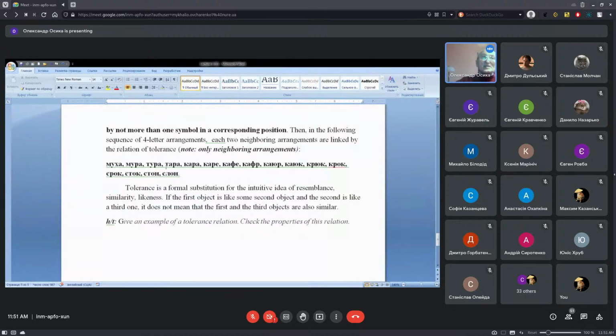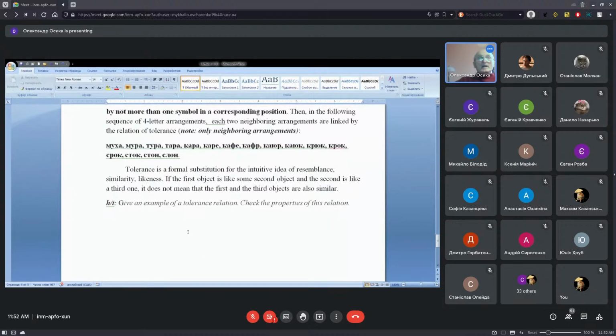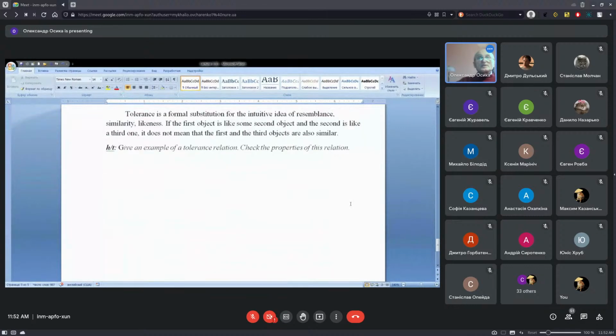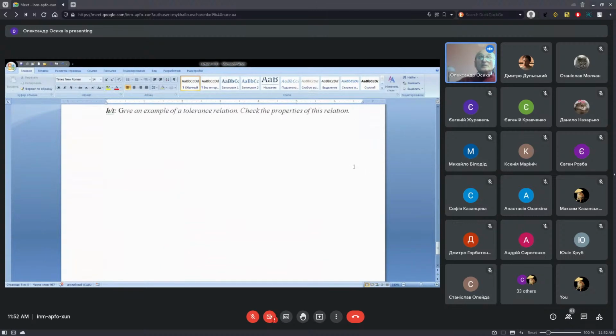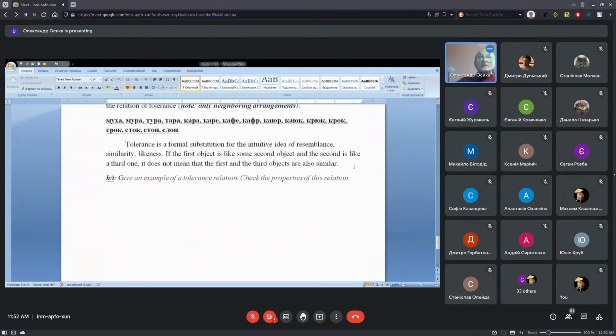A, B, C, D. A knows B, B knows C, but it doesn't mean that A knows C. Okay, and I ask you, find some other example of tolerance relation and check the properties of this relation, because they are not that frequently mentioned in the books.